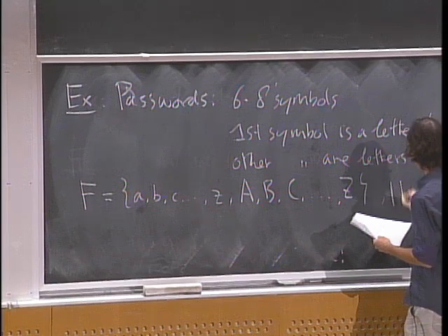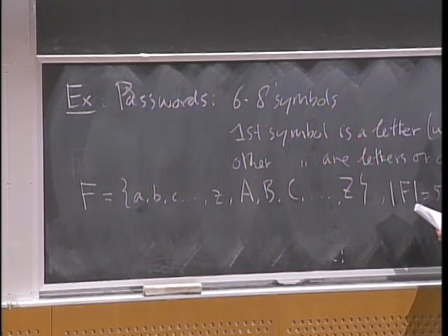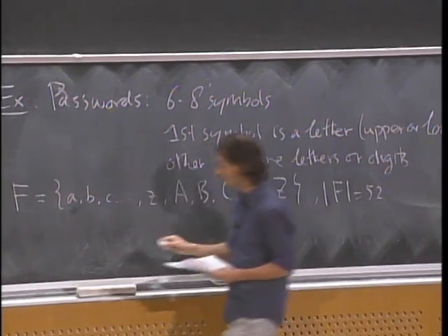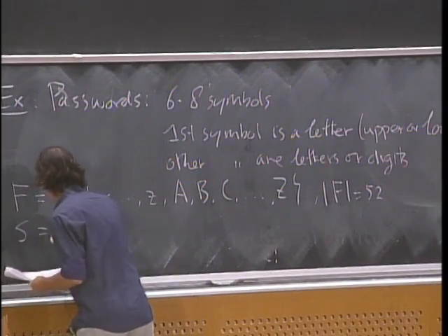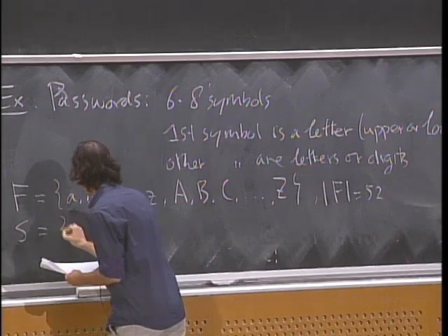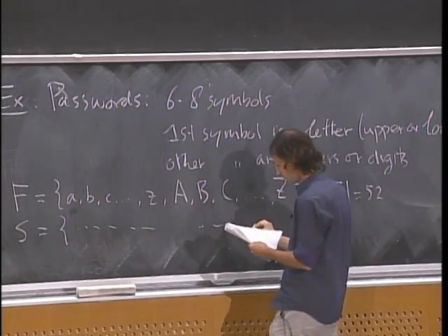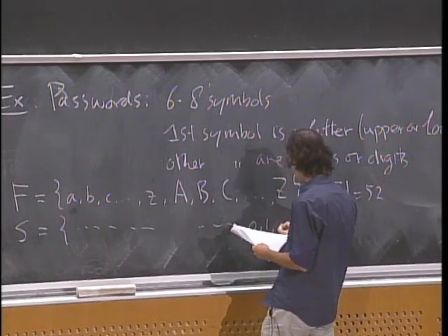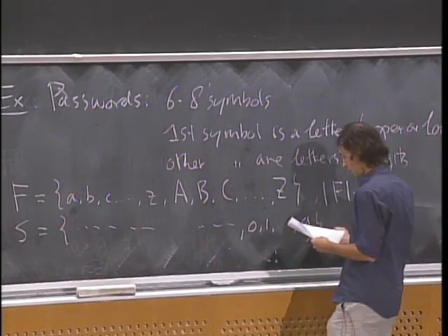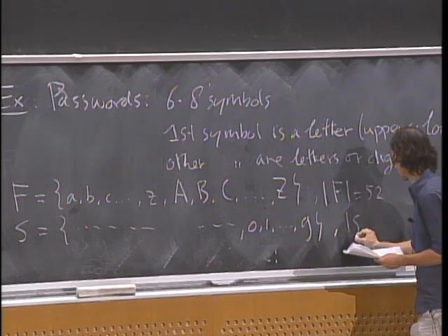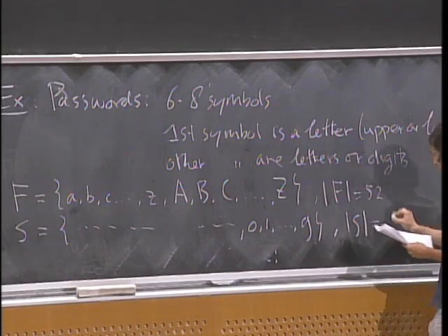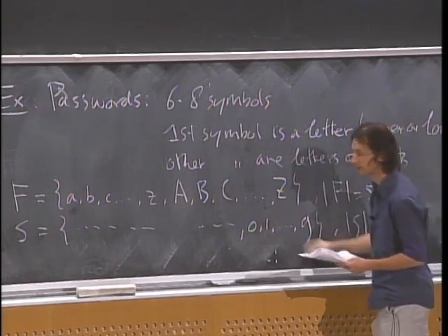In total, we have 52 elements in this set. For the other symbols, we have all these letters, but also all the digits, 0, 1, up to 9. This set S has cardinality 62. We added 10 digits.